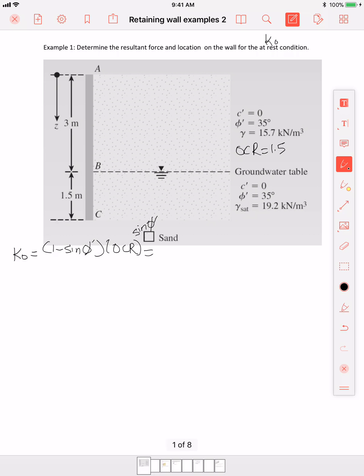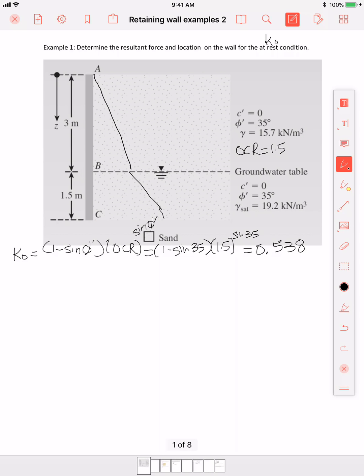So when we plug in what we have, 1 minus sine of 35, times 1.5 raised to the sine of 35, that equals 0.538. Now, what we're going to do is determine the pressure distribution behind the wall, and then find the location and the magnitude of the resultant force.